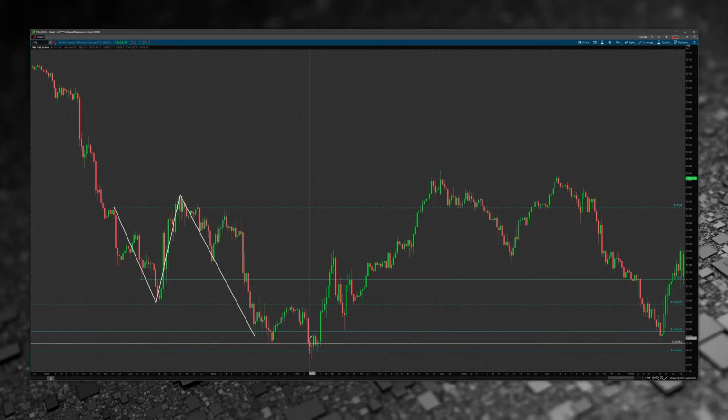Our lowest untested was 934 quarter. We went here. So this was the last support that we broke. We failed to lose it here, which is why we got this bounce, and then we made new lows.